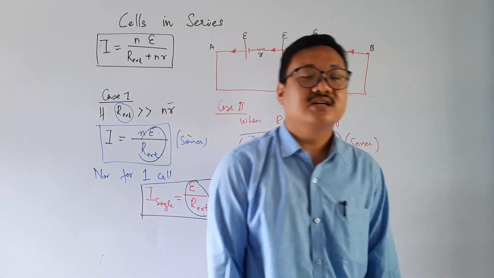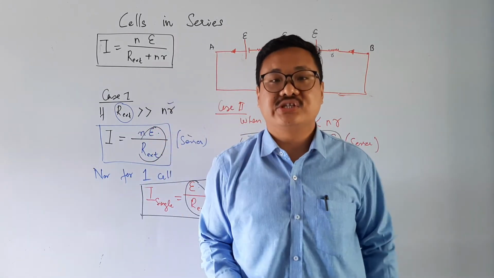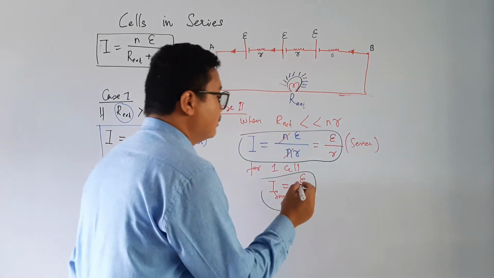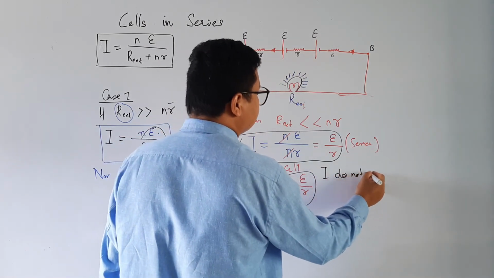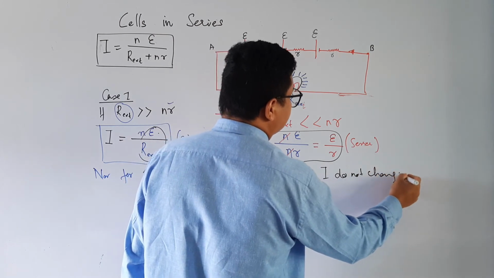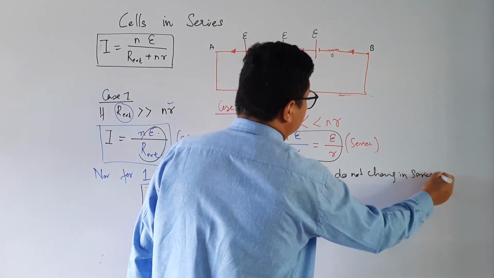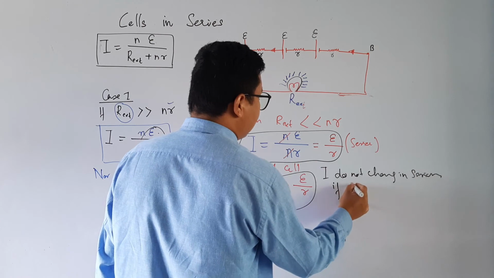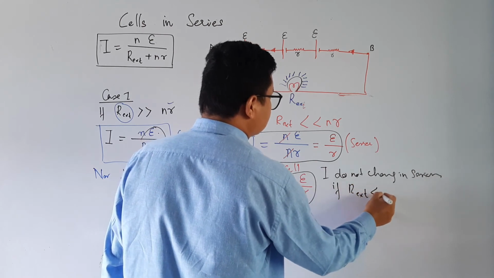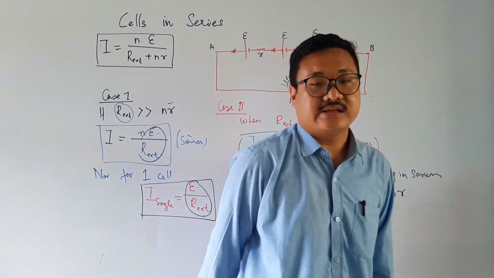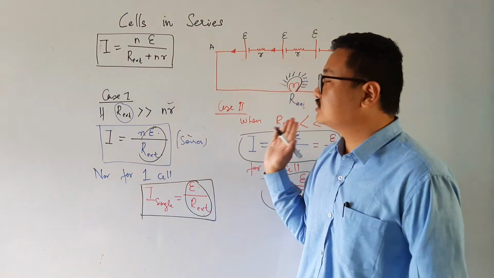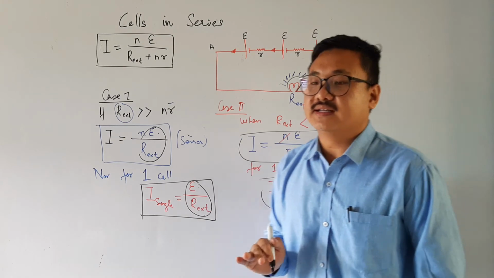It means that the current does not change in series if R external is much less than internal resistance. So these are the two conditions which we must understand.